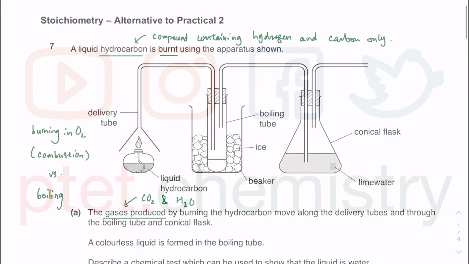And as it passes through here, this is ice. Ice is at 0 degrees Celsius because water turns to ice at 0 degrees Celsius. Ice turns to water at 0 degrees Celsius as well. So this is a gas containing carbon dioxide and water that comes in here.